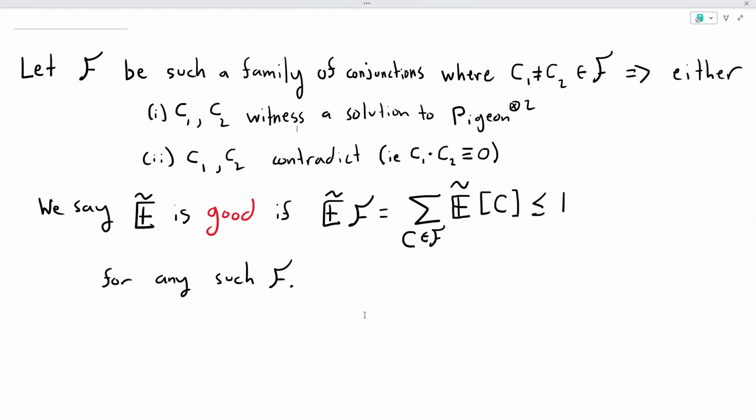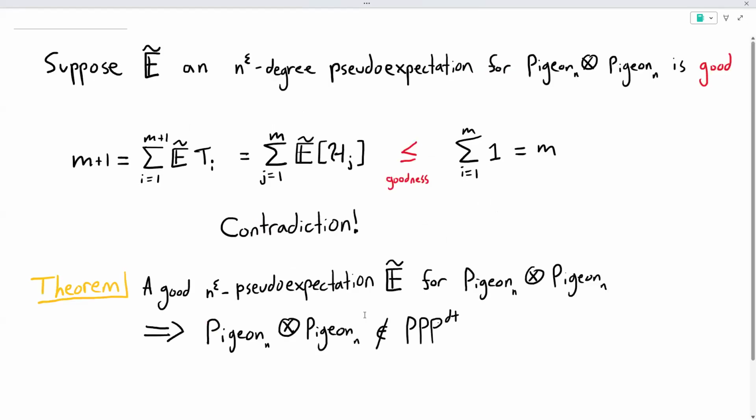And we'll say that a pseudo expectation is good if the pseudo expectation on F is at most 1. And by on F, I mean summing over all conjunctions inside F and taking the pseudo expectation on these conjunctions. So this is quite a strong property we might desire of a pseudo expectation, but let's assume this anyways. Okay, so let's assume this pseudo expectation we've been playing with from the start is in fact also good.